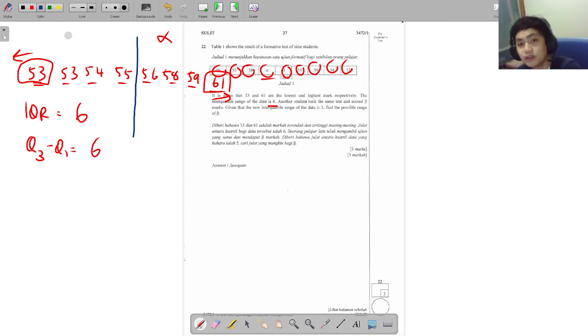So we can take a few assumptions here, because you see, between 53 and 53 is still 53, right? Between 53 and 54 is 53.5. Between 54 and 55 is 54.5, right? And between 55 and 56 is 55.5, then 56.5, 57.5.